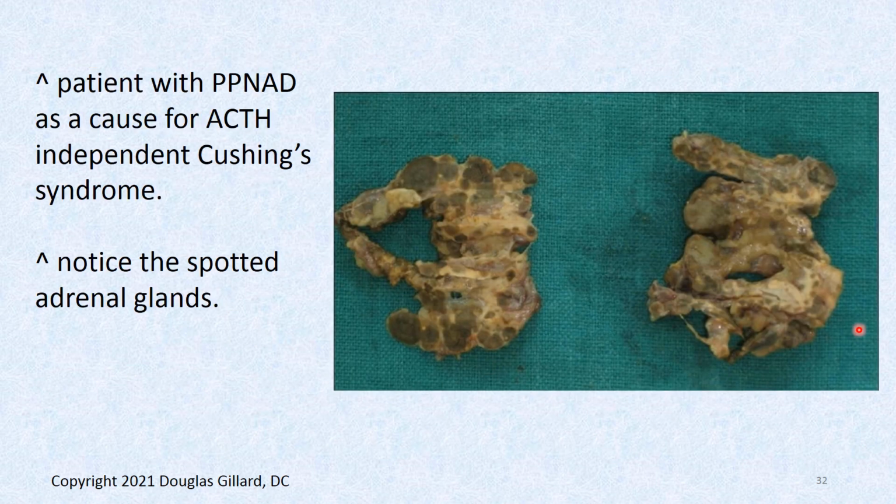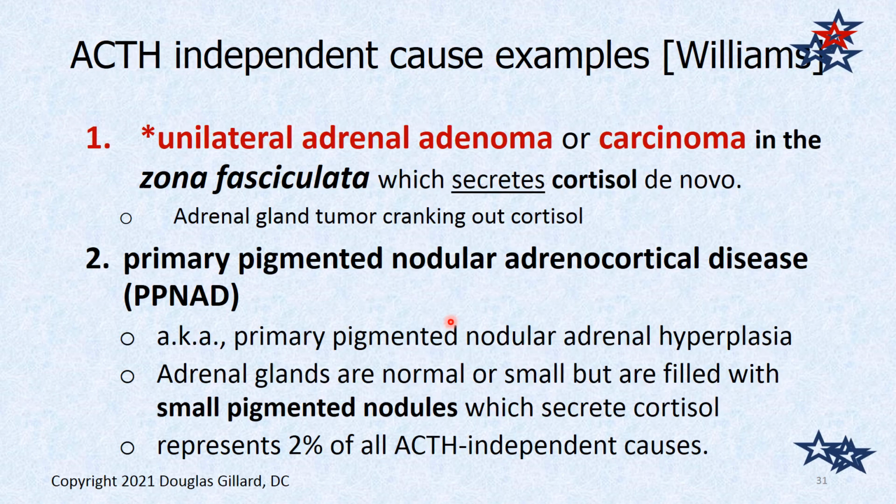And here's a child that it occurred in, and they had to take it out. This is the adrenal gland, and it's got these spots on it. It's classified by these small pigmented nodules that are adenomas, and they secrete glucocorticoids.